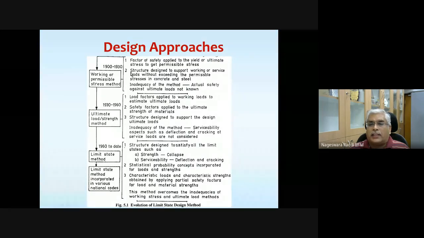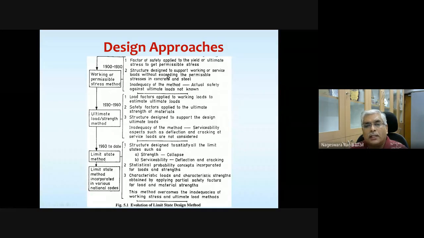The structure is designed to support working or service loads without exceeding the permissible stresses in concrete and steel. So we design the structure in such a way that the stresses coming in concrete and steel due to working or service loads do not exceed the permissible values.